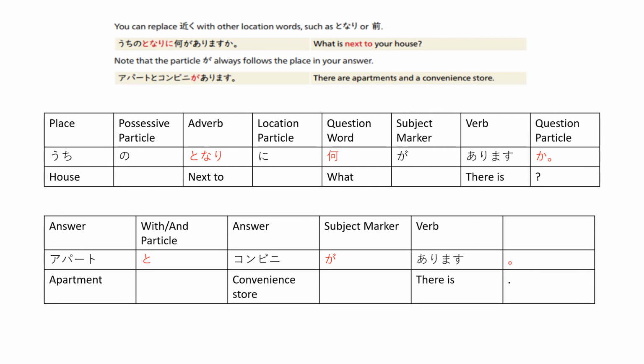And then the answer in this case, apato to konbini ga arimasu. Apato is the first answer. To is kind of like a location particle, I guess, but in this case it's and. Convenience store, ga, subject marker, arimasu, which is verb, and then the full stop.